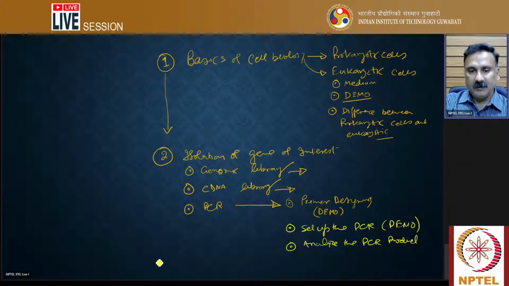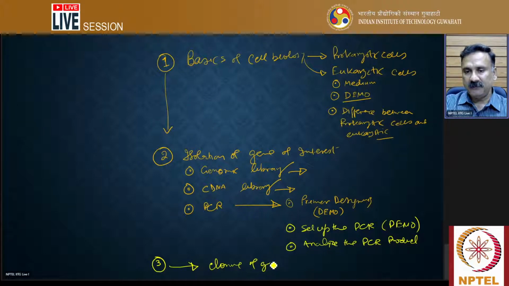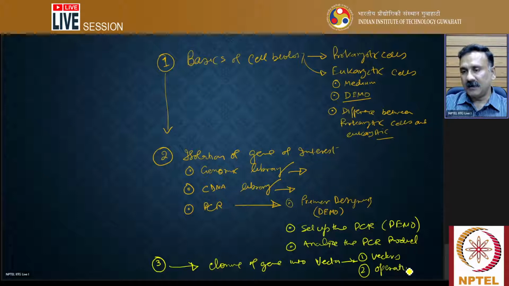Now in the third module, we discussed the cloning of the gene into the suitable vector. In this, we discussed the vectors, their properties, and then the different operational aspects related to the cloning of the gene.